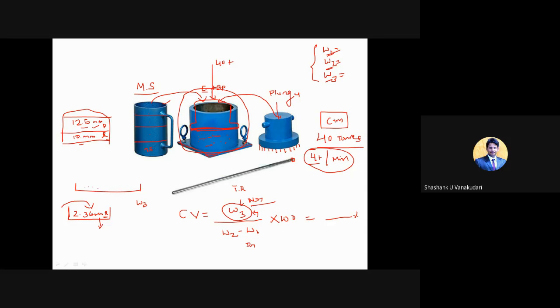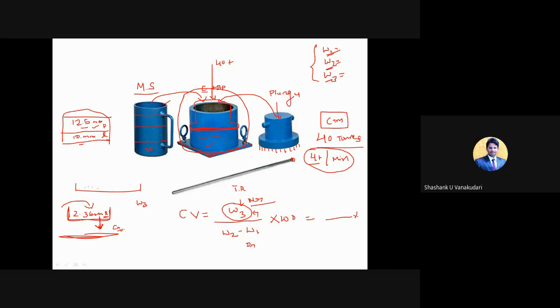Clear? So you can consider here W3, how we have considered the aggregates which are retained on the 2.36 mm IS sieve, right? Sorry. Here you need to collect the passing materials, not retained particles, because the passing materials are considered as the crushed particles. Please make the correction.